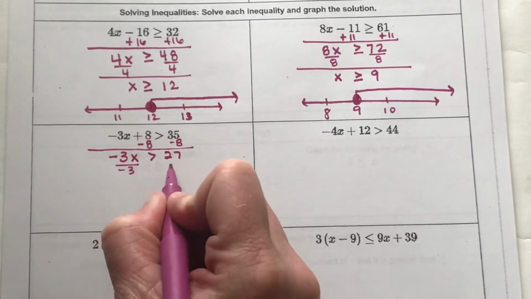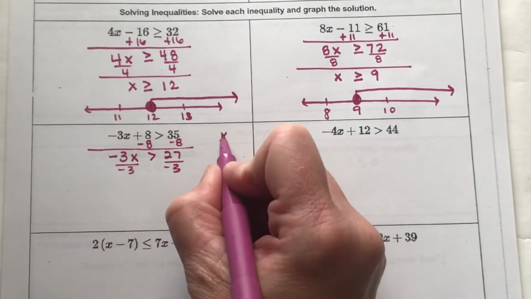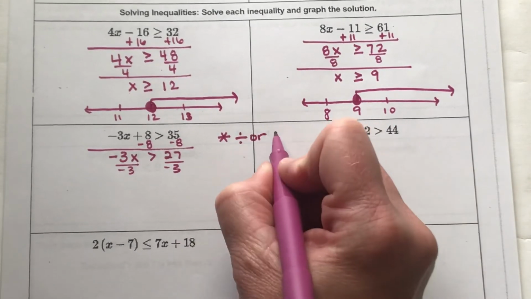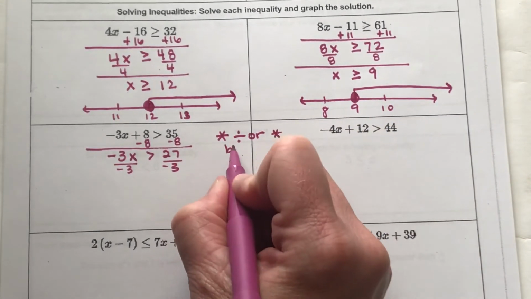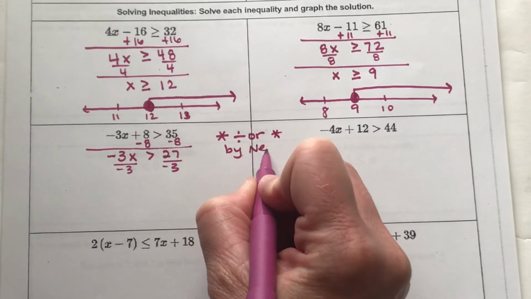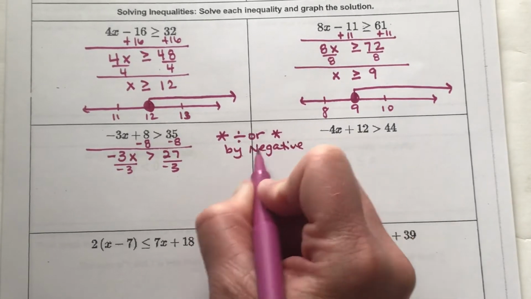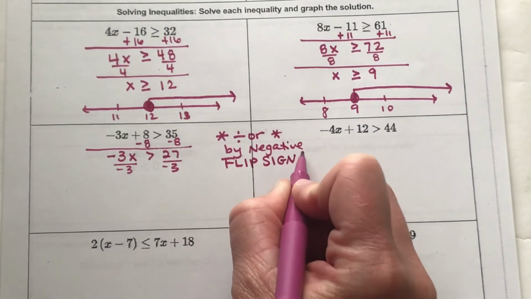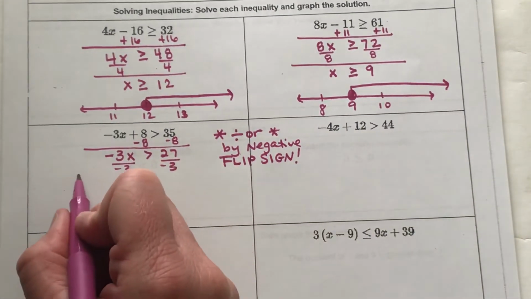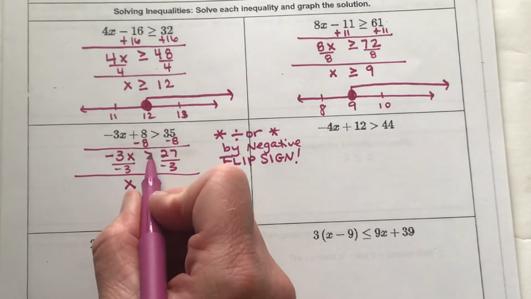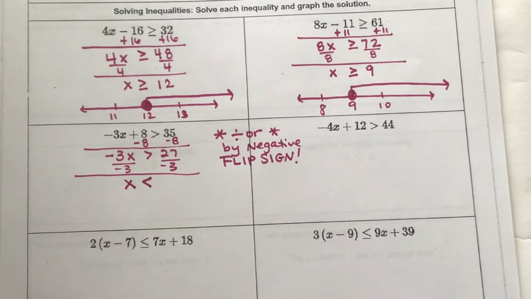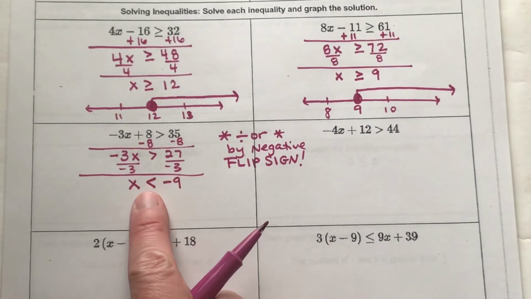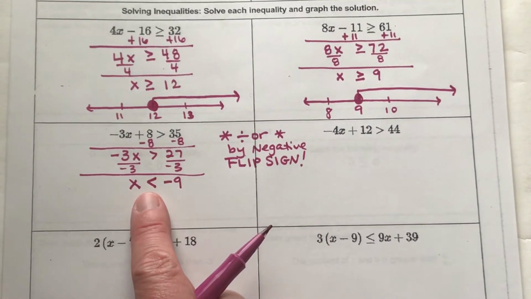Divide now by negative 3, but when you divide or multiply by a negative number, don't forget to flip your sign. That's something that a lot of people forget. So my sign is going to now face the opposite direction when I solve. So x is now less than negative 9.